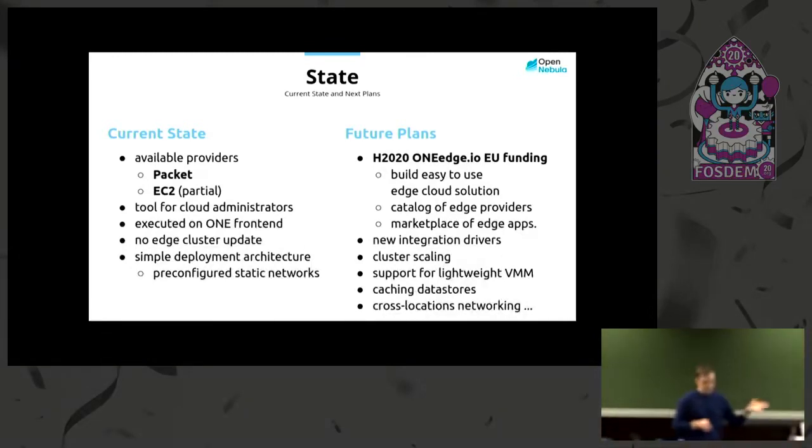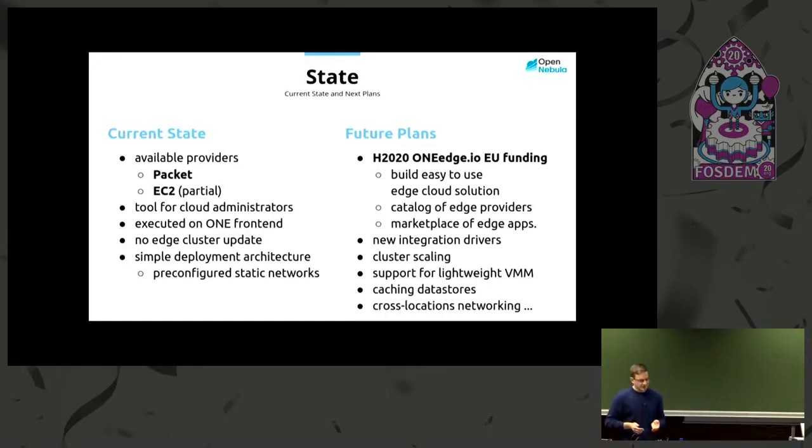We have a tool, I will show it a little later, hopefully, which can deploy the cloud. It's more like an advanced tool. There are some missing features, like the cluster can't be scaled out or scaled in, and the architecture which is deployed there is very simple, like a single static one.